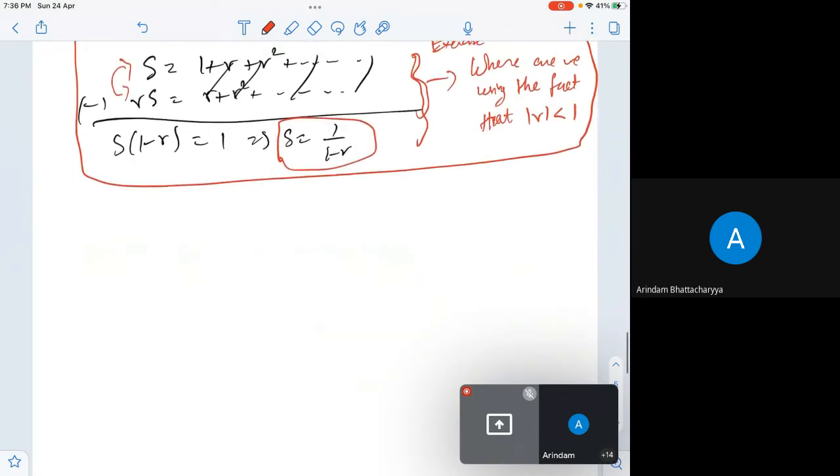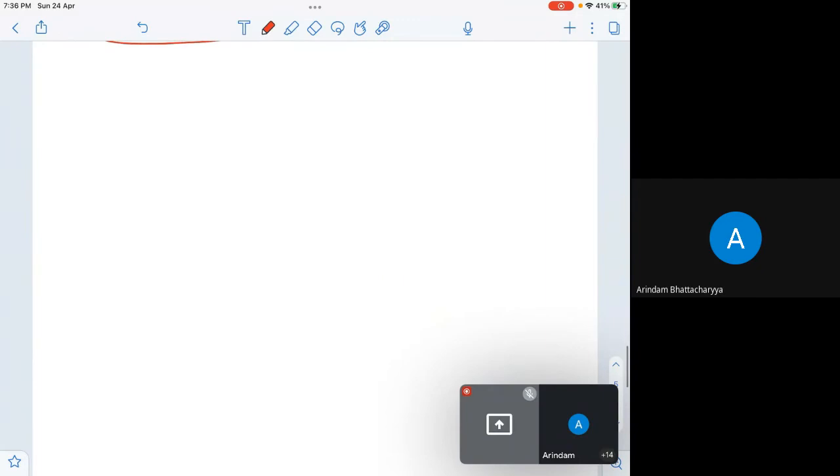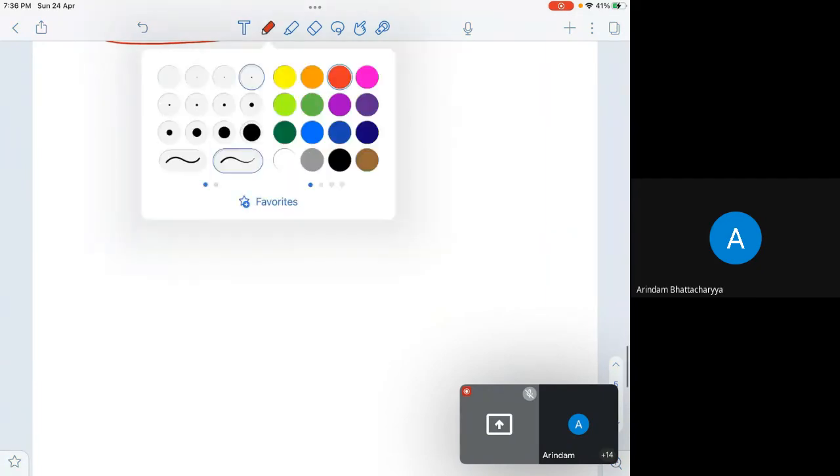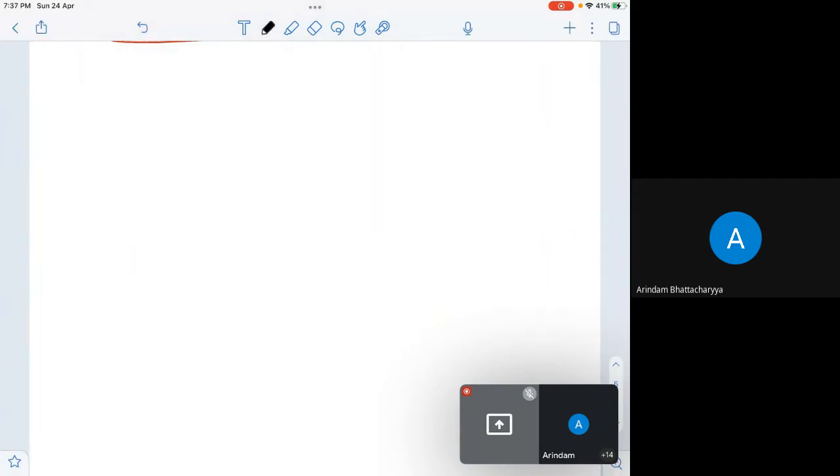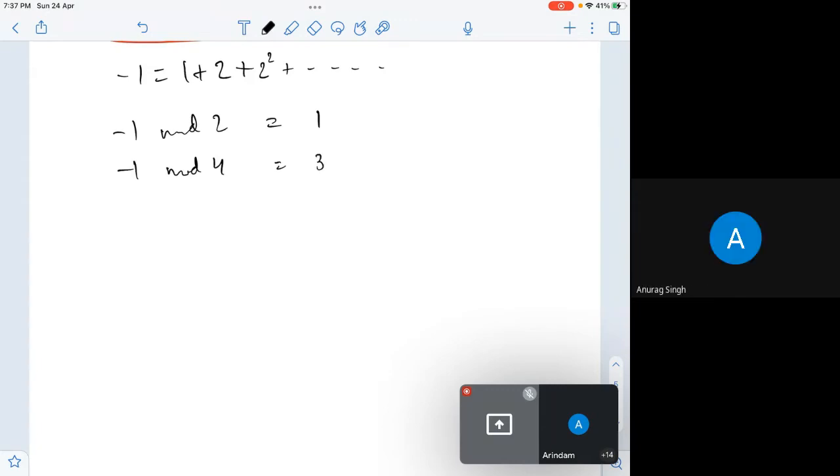So let's try to solve this. We'll try to make some sense of this. All right, what's minus 1 mod 2? It's 1, right? What's minus 1 mod 4? It's 3, which is 1, 1.